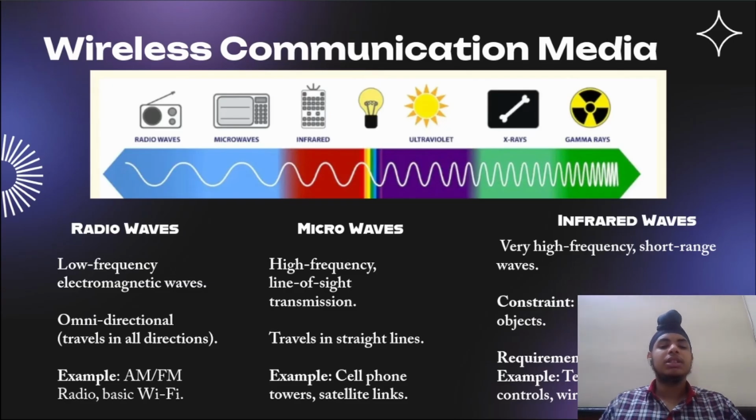The remote that we use for televisions uses infrared waves, so it cannot travel through solid objects. It should be in a straight line. Infrared waves can be blocked physically, so we have to make them travel in a straight line.